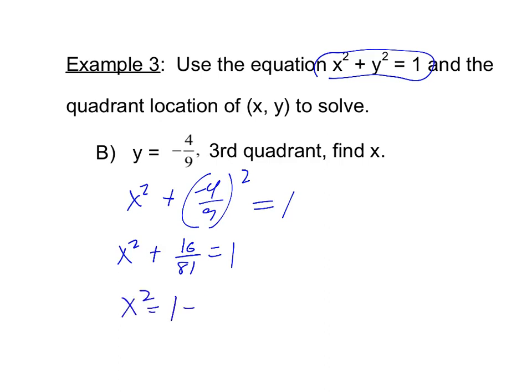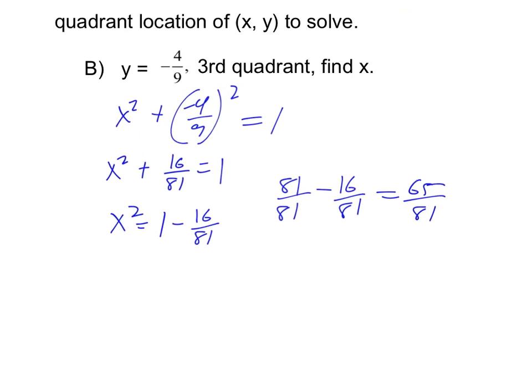So that means it's going to be 1 minus 16 over 81. So that becomes 81 over 81 minus 16 over 81, which becomes 65 over 81. So x squared equals that.